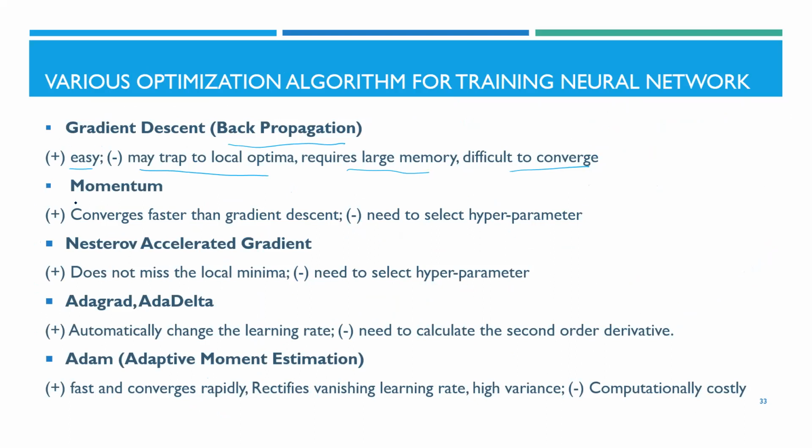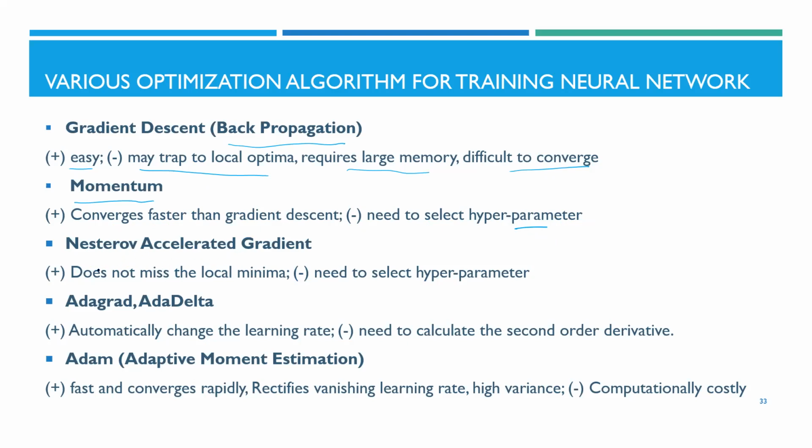Another option is momentum. The advantage is that it converges faster than gradient descent, but we need to select hyperparameters. There are many parameters, so we have to find out what is a good parameter for momentum. And then third, we have Nesterov accelerated gradient.